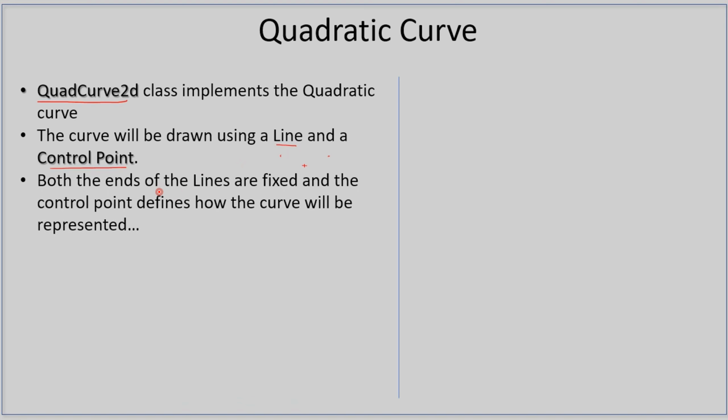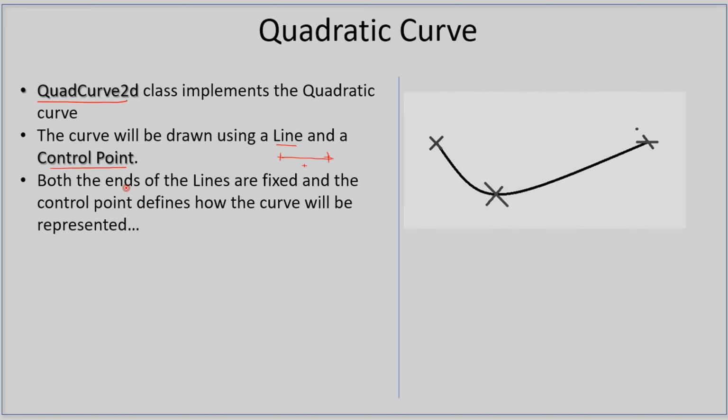Both the ends of the lines are fixed. That means, let's say if this is the line, these two ends are fixed, and control point defines how the curve will be represented.